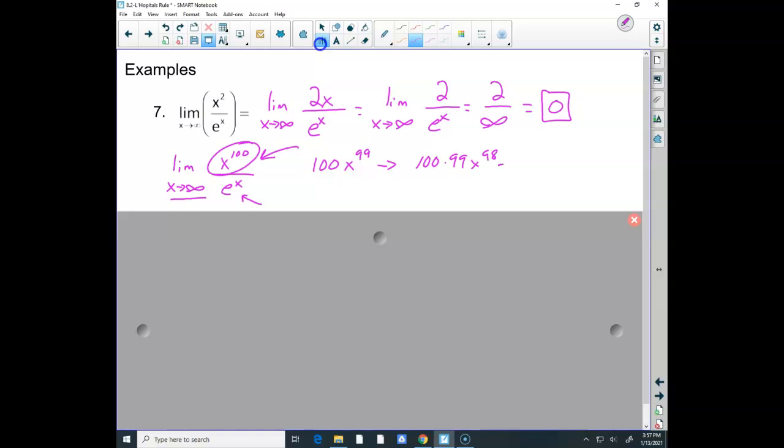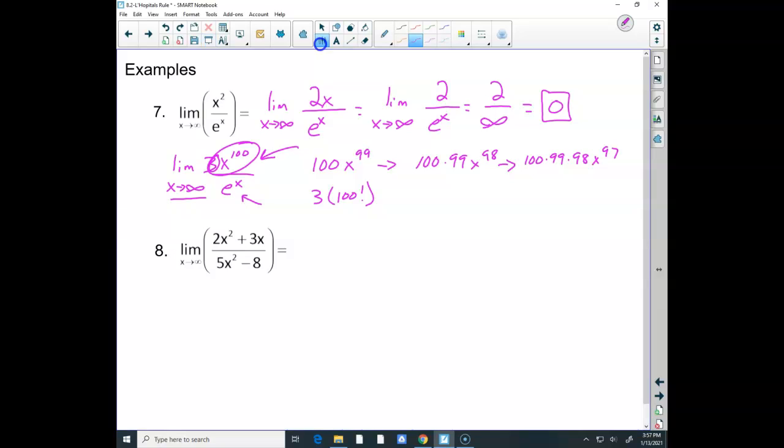And if I have to do it again, it's 100 times 99 times 98 x to the 97, all the way until I get rid of my x. It's 100 factorial because there's not a function on here. If it were 3x to the 100, it would really be 3 times 100 factorial. It's still ginormous. It's still constant. It would still be 0 in this case.